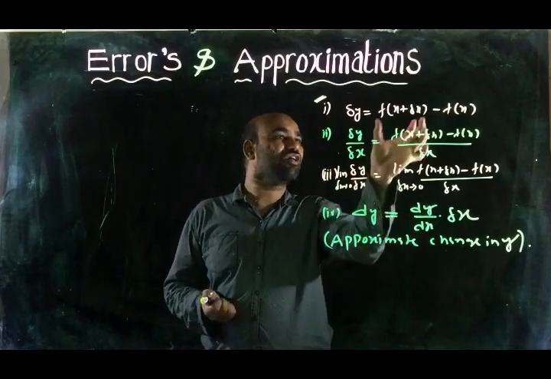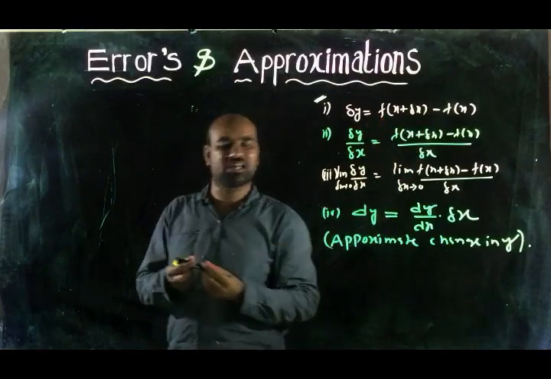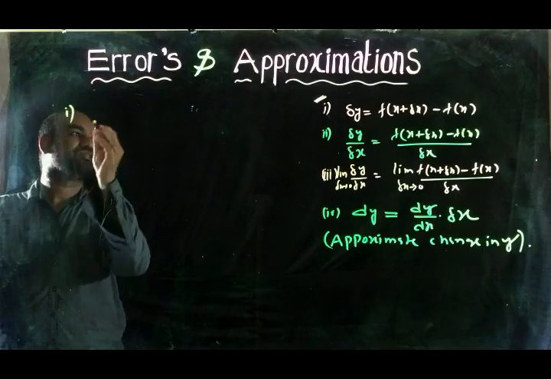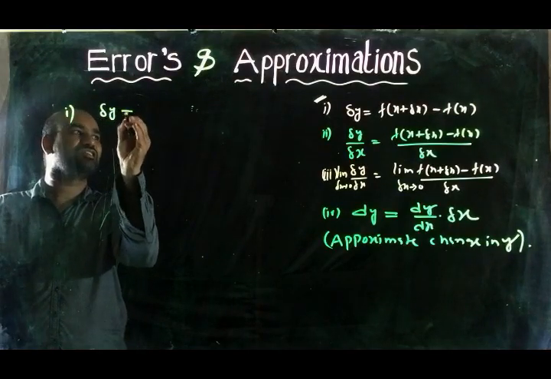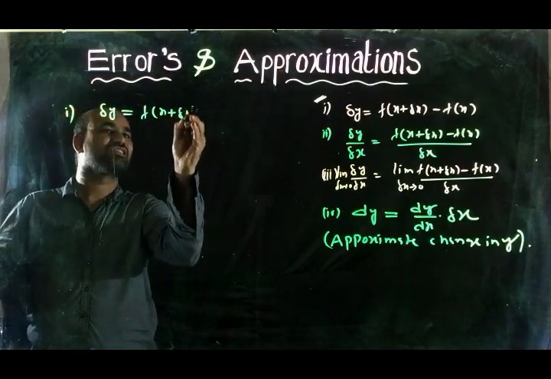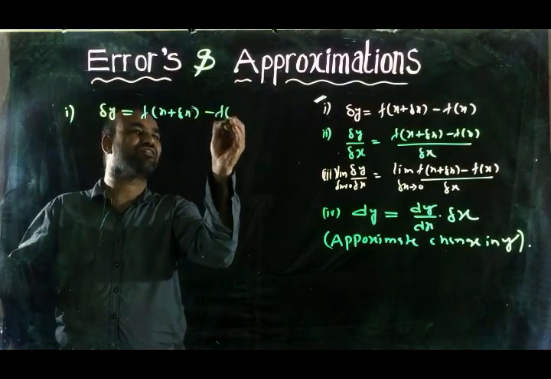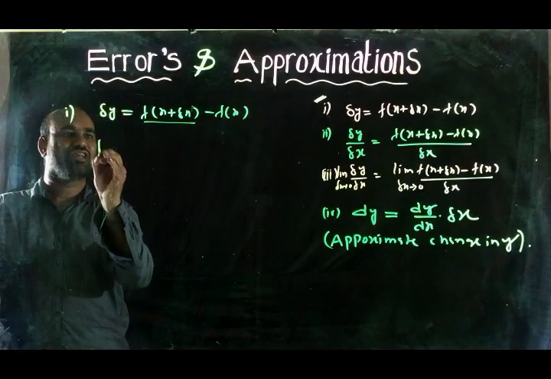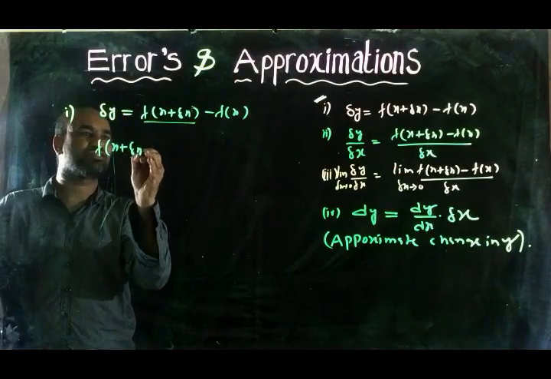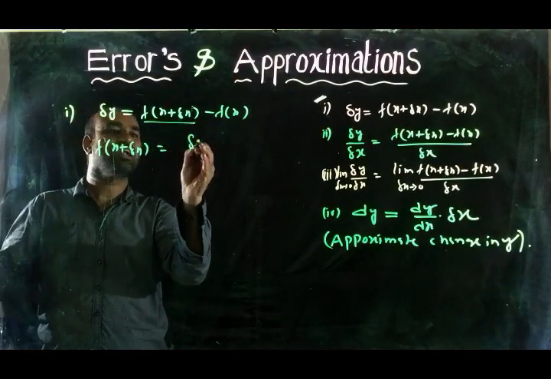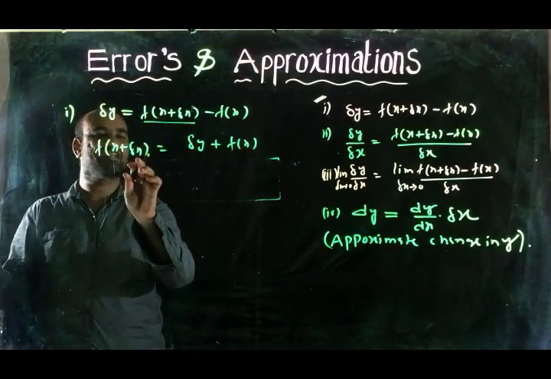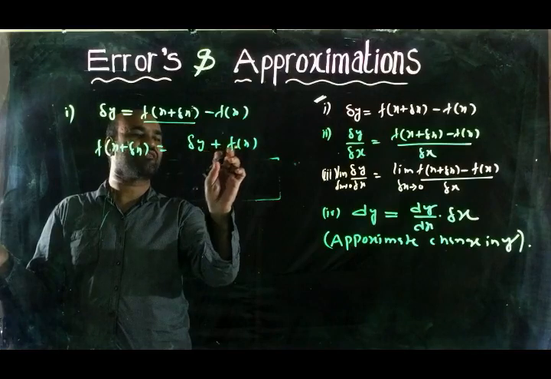Sometimes by using that you can find f of x plus delta x. So the first result, delta y is equal to f of x plus delta x minus f of x. I want to make f of x plus delta x the subject: f of x plus delta x is equal to delta y plus f of x.